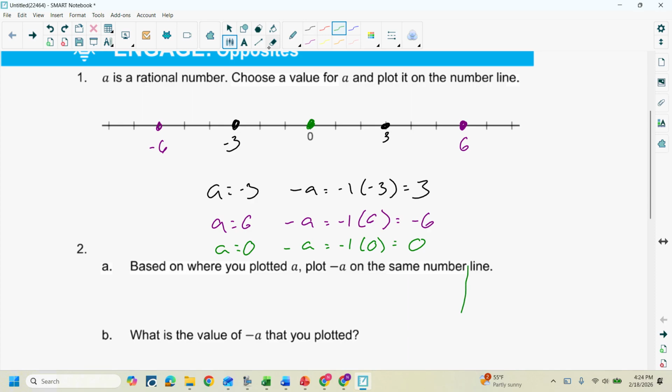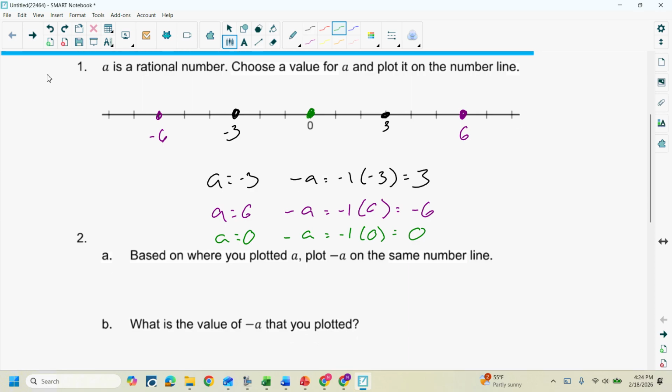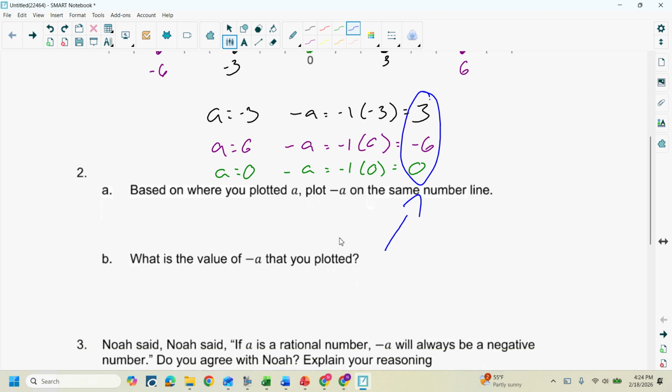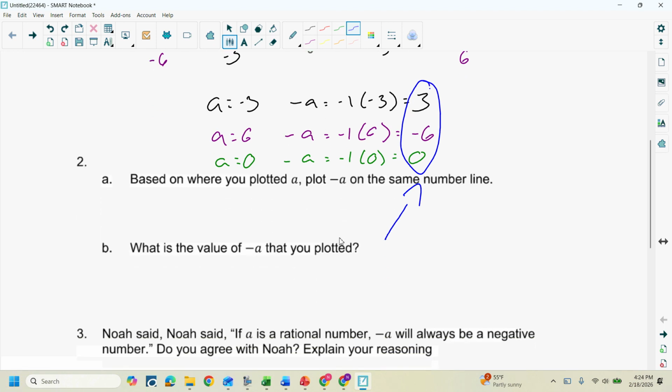And so for part B, I already answered that part right here. What is the value of -A that I plotted? So it all depends on what we said there.